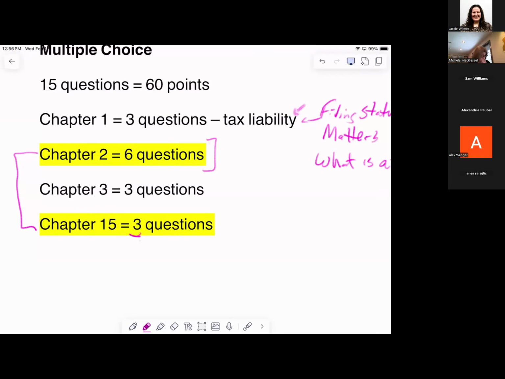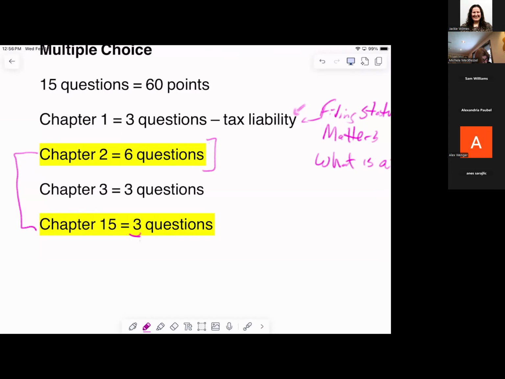So remember, chapter 2 was about statute of limitations, right? When you have to file. When do corps file tax returns?